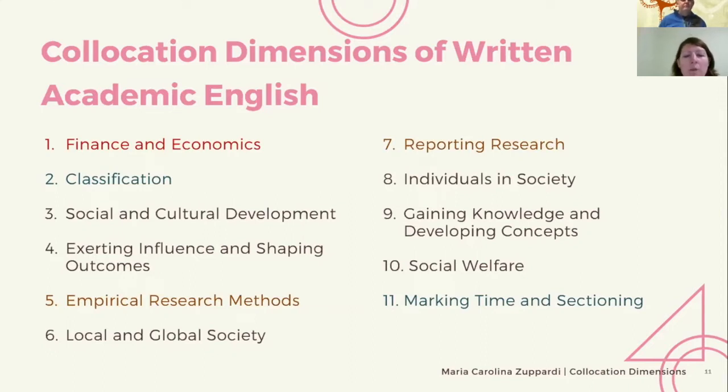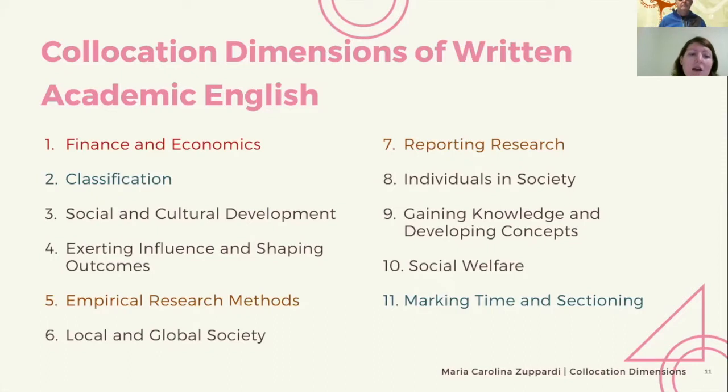And marking time is all about marking sections in the text, chapters in the textbook, marking time in terms of when events occurred in society or in economics. So that was a pretty interesting finding.